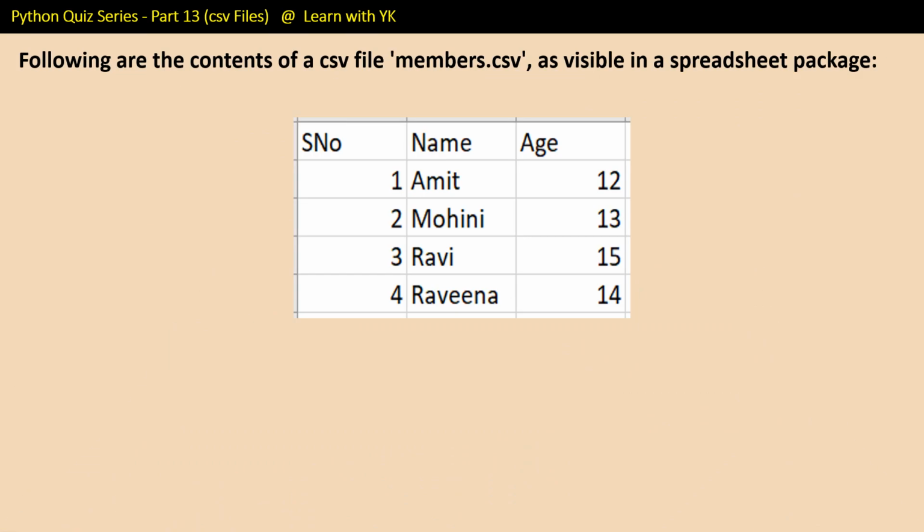Now this is not a question, this is the information for upcoming questions. It says following are the contents of a CSV file members.csv as visible in a spreadsheet package. See the contents carefully. It has got three columns: serial number, name and age.